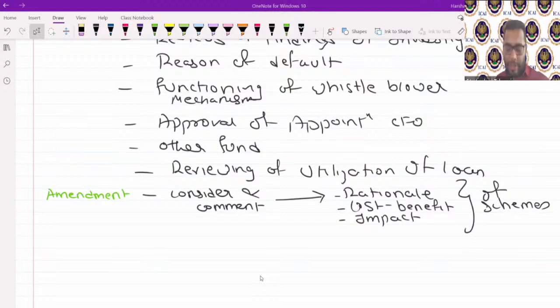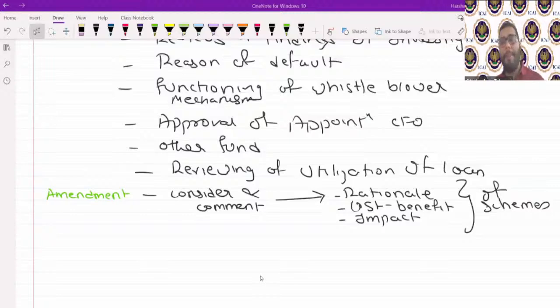Okay, good question, Jay. LODR are separate regulations issued by SEBI. Now, what is LODR? LODR stands for Listing Obligations and Disclosure Requirements.